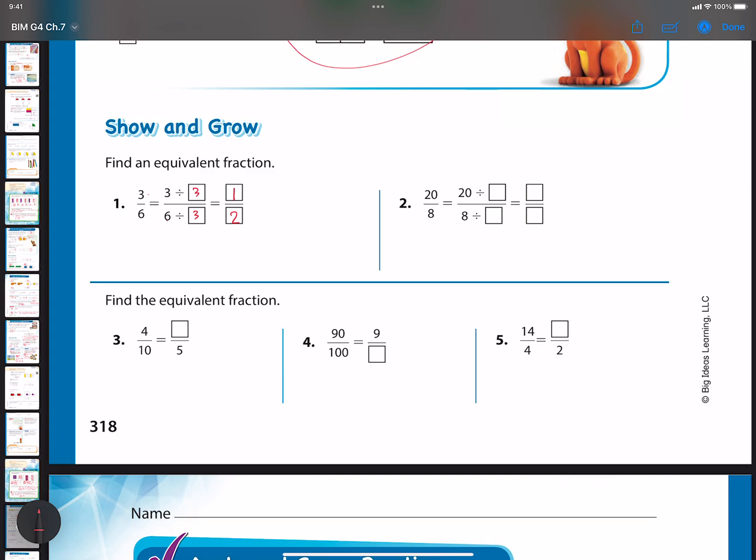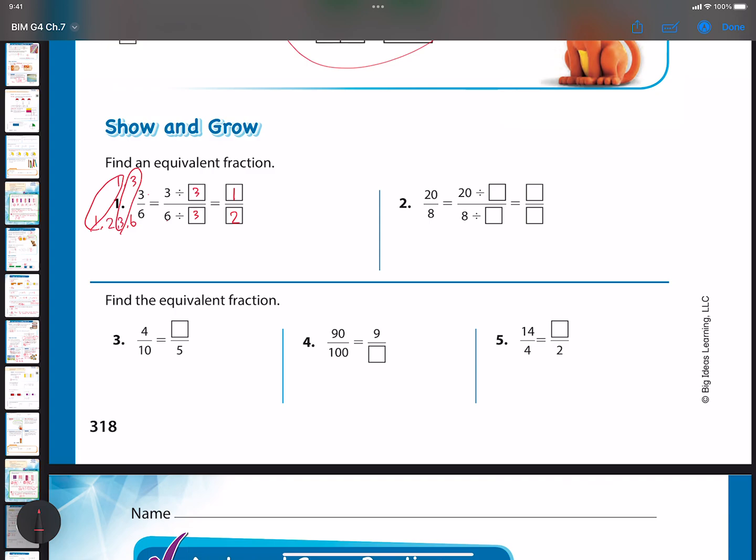So 1 over 2. If you are confused, you can write it down. 3 is a prime number, with only 1 and 3. And 6 has 1 times 6 and 2 times 3. The common factors are 1 and 3, so you don't have any other option than 3.